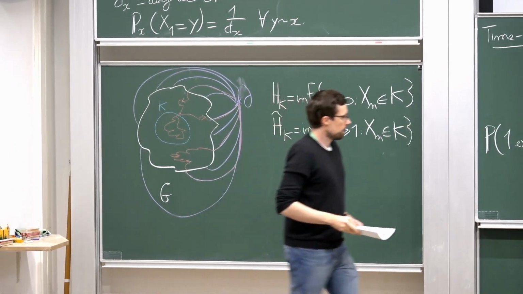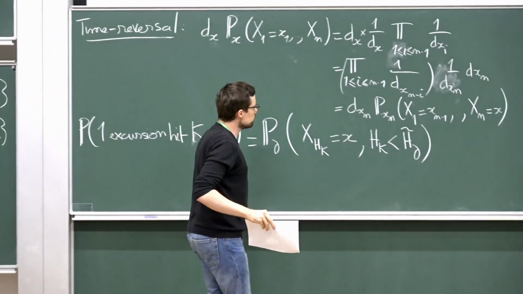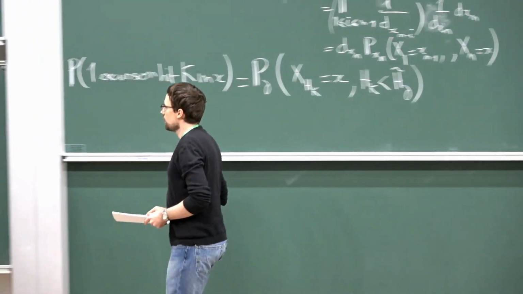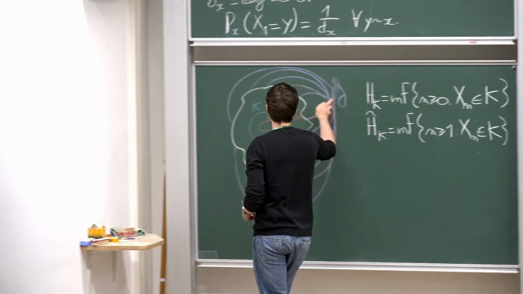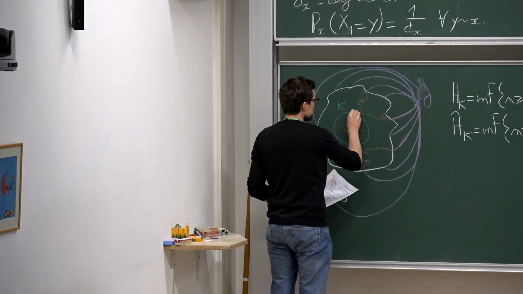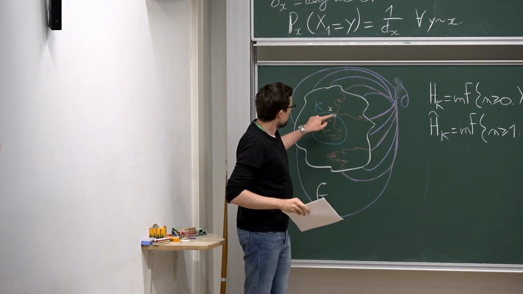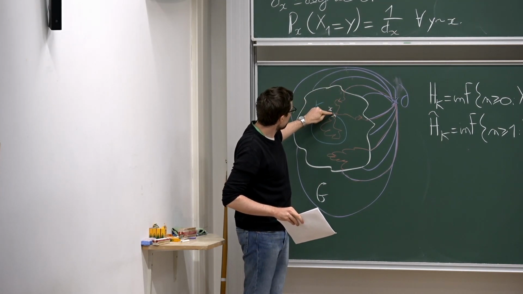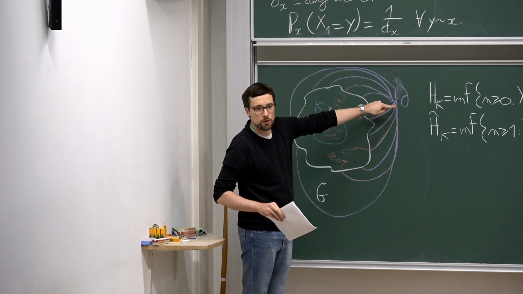And now what I can do is use my time reversal property that I just proved. If I start from here and I end up here in x, then this is the same as saying, by time reversal, I start in x, and then this path never hits K, and it ends up on my boundary point.